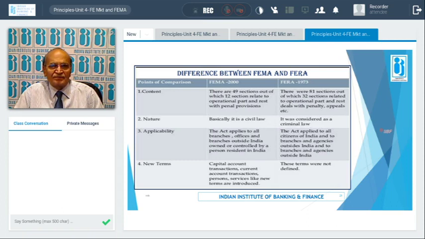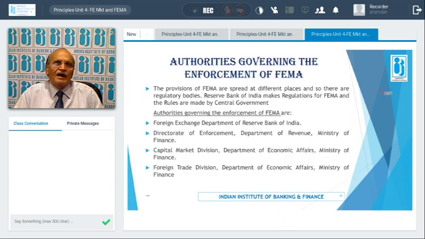This is a basic difference. FERA did not have any terms specifically defined, whereas in FEMA they have specifically defined capital account transactions, current account transactions, services, etc. So this is the basic difference between FEMA and FERA.